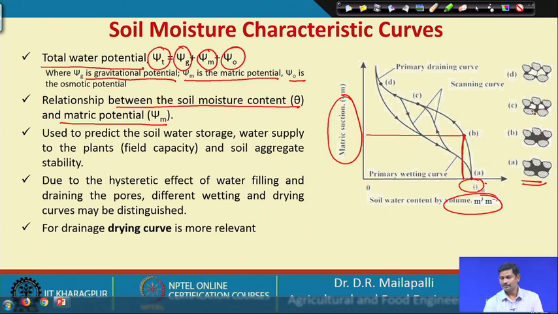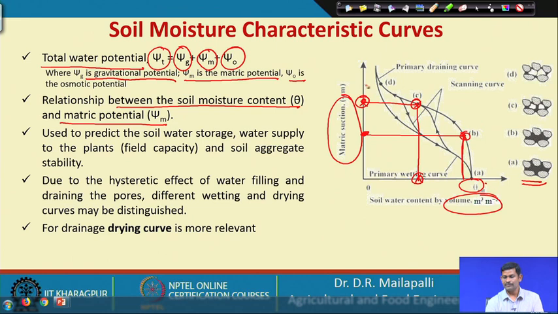If you remove further water from there, it goes here, and corresponding tension. So if you have this much tension, that will remove the water and it stays at this moisture content. And if you create this much suction, the suction will help in taking the water, and the soil is at this moisture content.